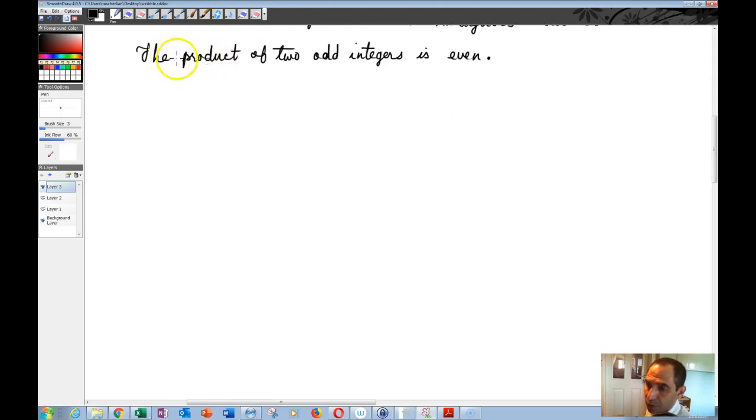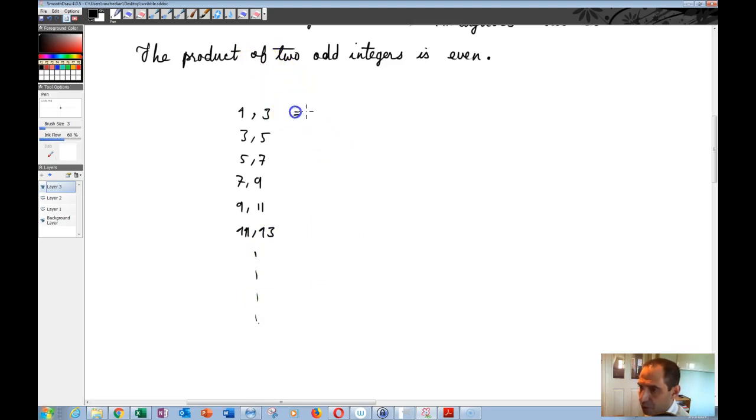But what this statement is saying is that the product of two odd integers, so for example 1 and 3, 3 and 5, 5 and 7, 7 and 9, 9 and 11, 11 and 13, and so on and so forth.